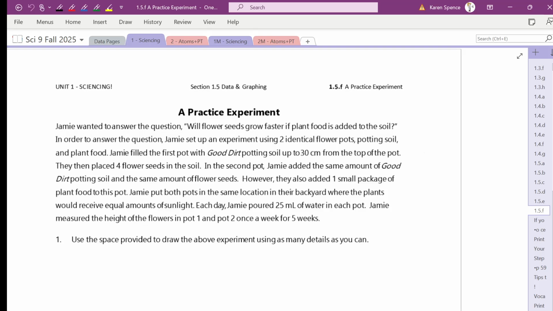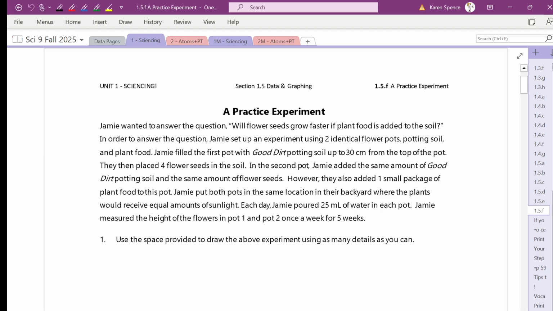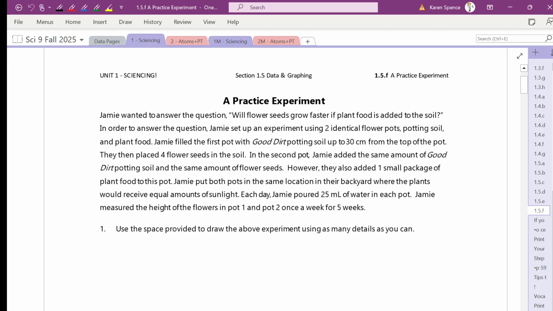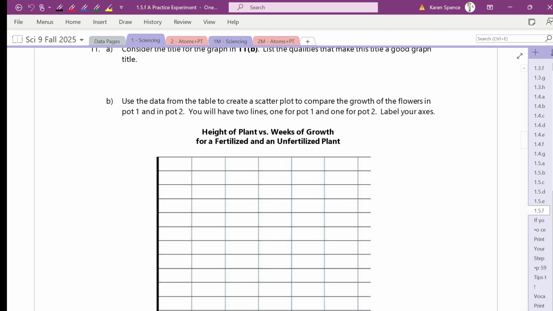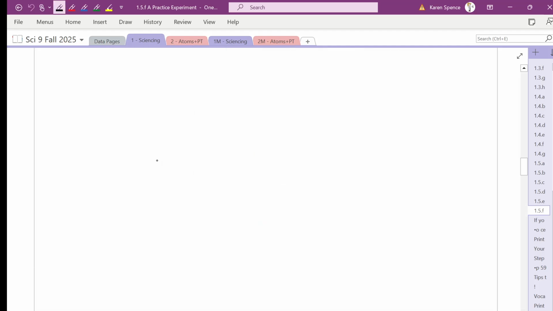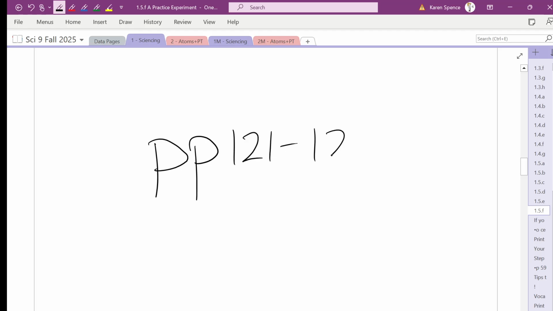You could start by doing 1.5F, which is on pages 121 and 122. Okay, and then, oh, I know what else. I'll find the other thing. So you can start with that.